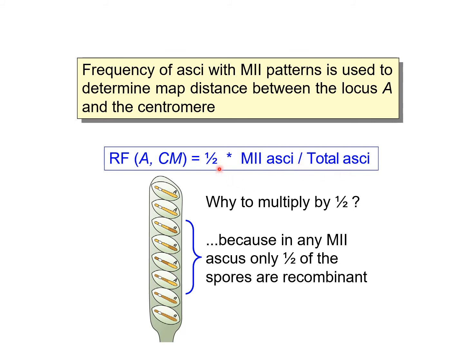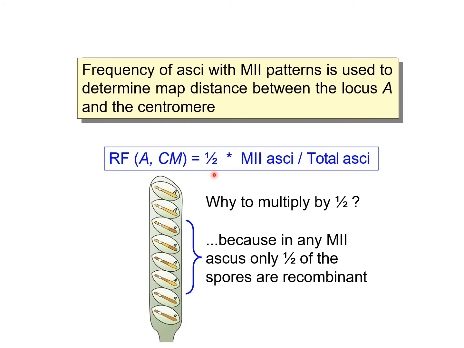Now Y2 multiplied by half. If you look at the M2 pattern here, in any M2 ascus sac only half of the spores are recombinant, whereas the remaining two are like the parental cell, and therefore we need to multiply it by half.